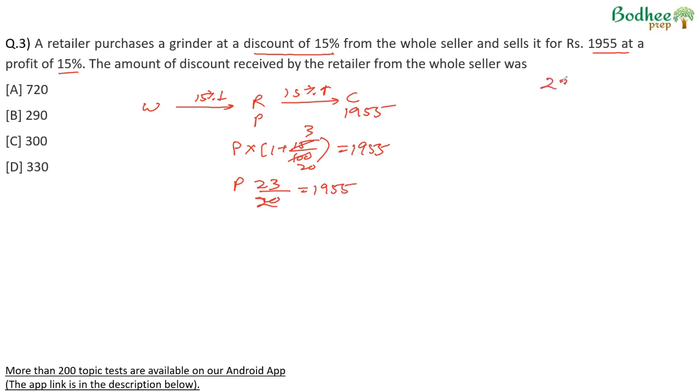If we check if 23 divides 1955, 23 times 8 is 184, minus 115, which is 5.